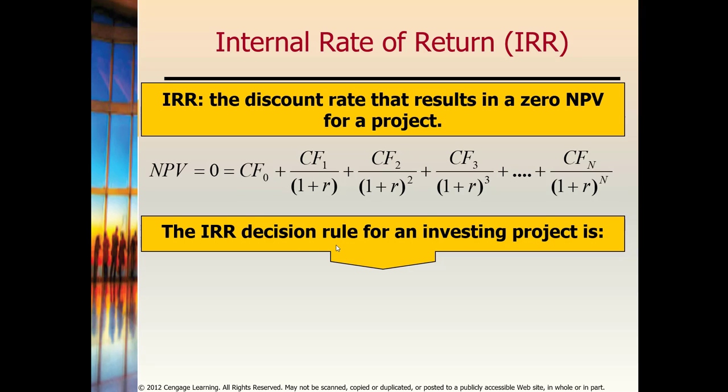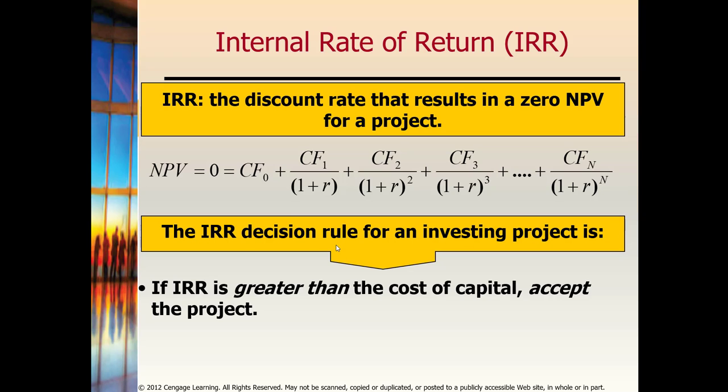So what's the decision rule? The decision rule is, as long as this IRR is greater than the cost of capital, then the manager should accept the project. So what does that mean?